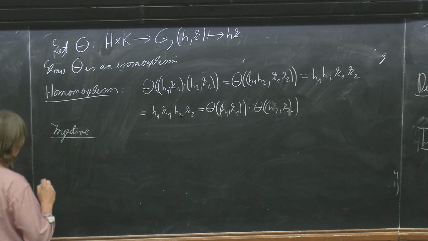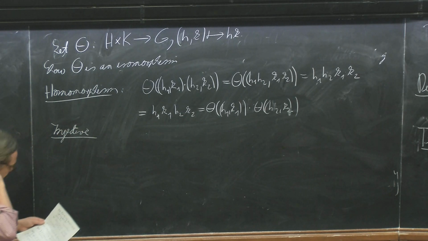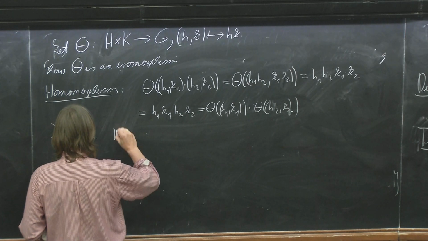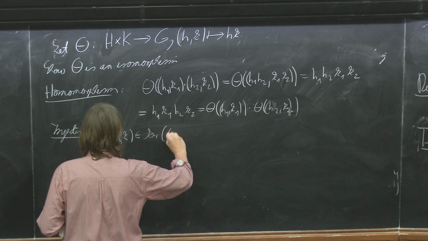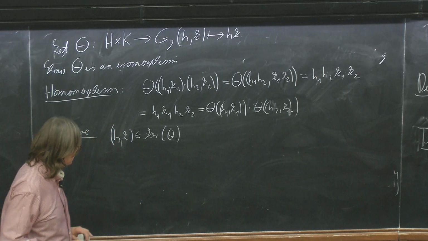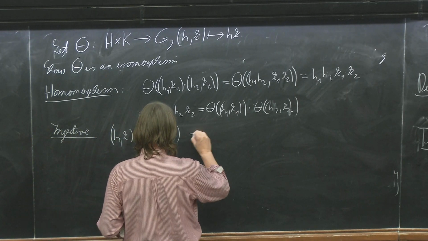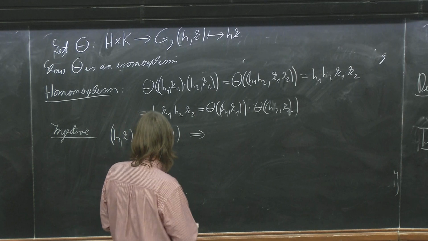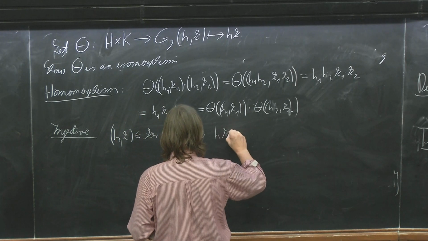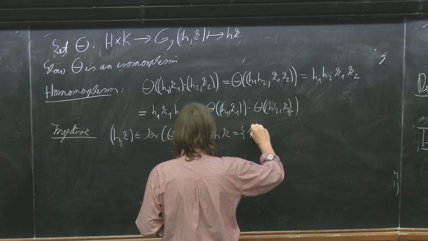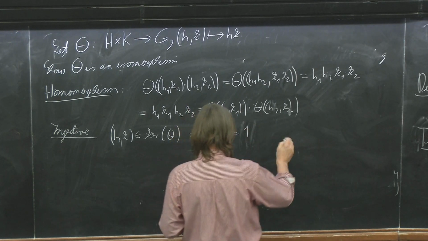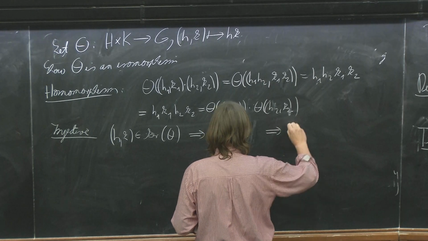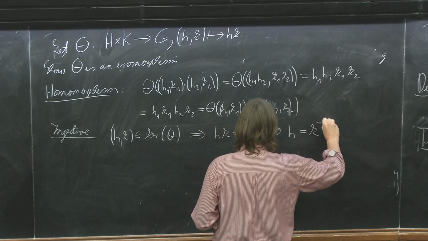And that it's injective is in some sense the same trick as before. So if (h, k) is in the kernel of theta, this means that hk is equal to 1. So that means that h is equal to k to the minus 1.